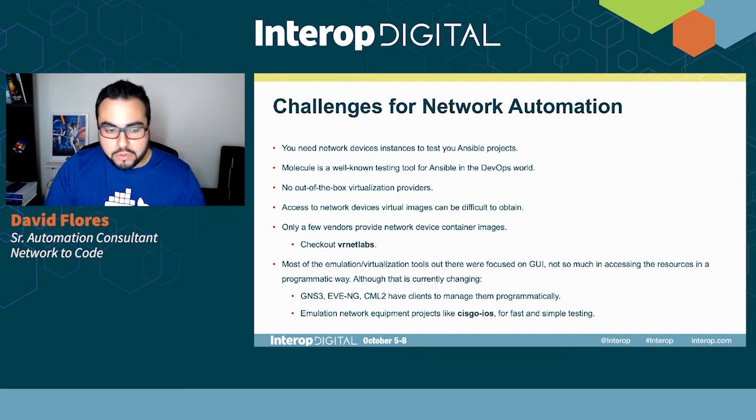There are also projects like Cisco IOSv, which emulates network equipment, okay? And I'm actually using this one for the mock demo. I'm going to talk more about this and how it works just before the execution of the demo.